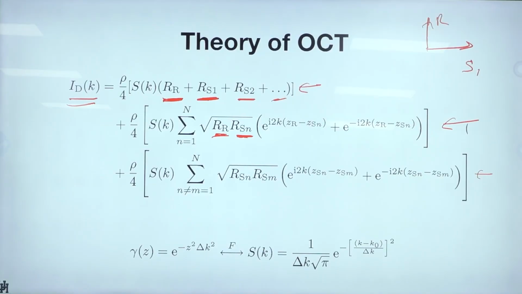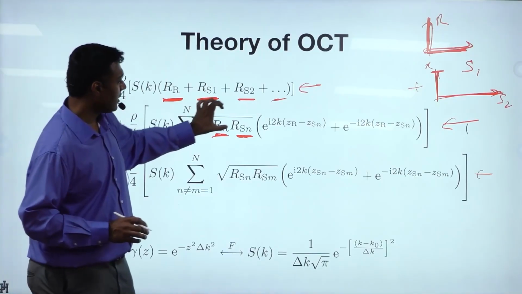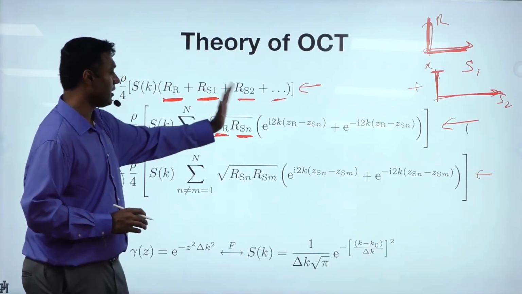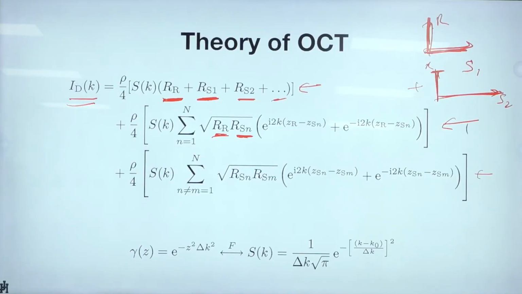You are multiplying the field from this times the field from this, and then plus the field from S2 times the field from the reference. So it's R times RS1, RS2, and so on, RSN. They are called cross terms.